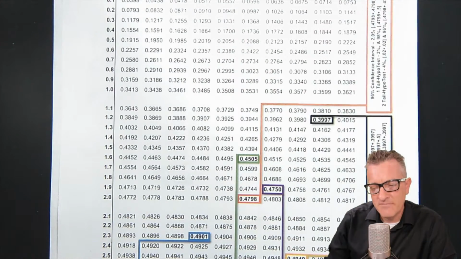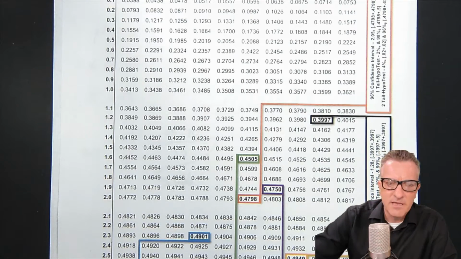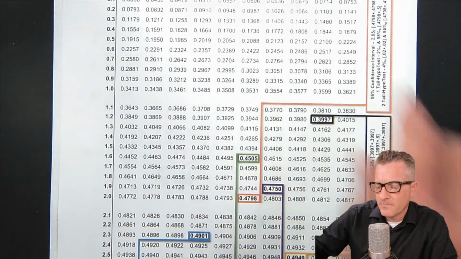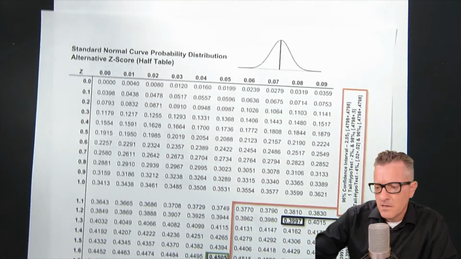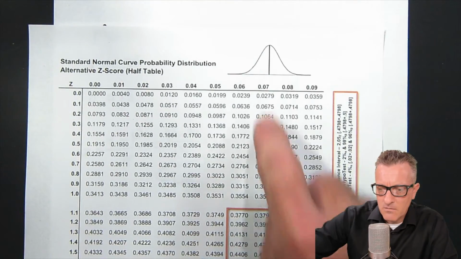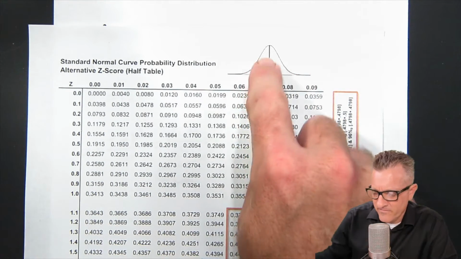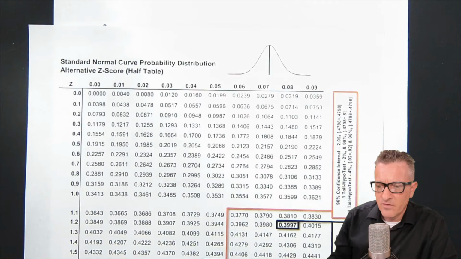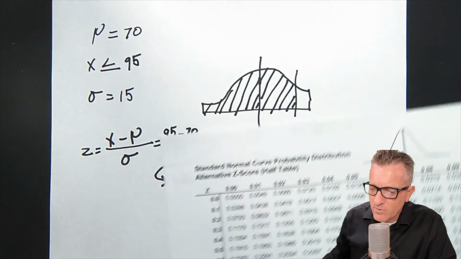It's just half table. Essentially the data comes from the middle out on either side, and each side is of course 0.5, 0.5, for the area under the curve. So we are looking for 1.66.